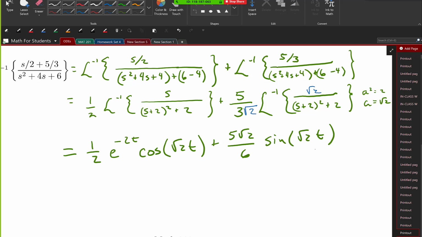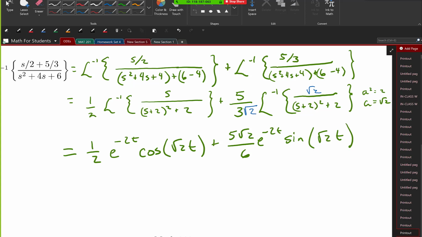Do you need to get an s plus 2, and then, folks, I need my e to the minus 2t here, sine of the square root of 2t. Oh, shoot, yeah, I'm sorry.